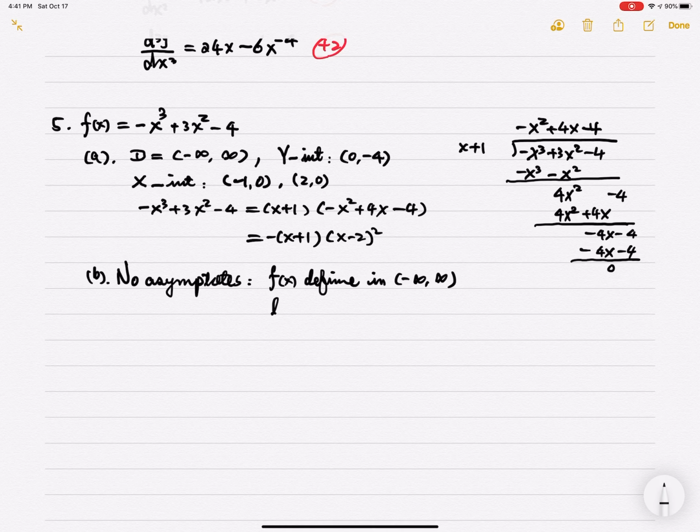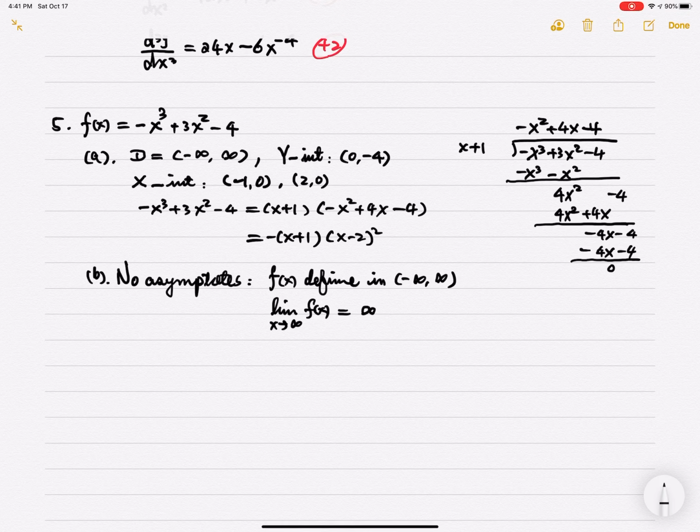Secondly, the limit as x goes to infinity of f(x), both positive infinity and negative infinity, is not equal to a constant, it's going to, let's just put it, infinity. Because when x goes to positive infinity, the function goes to negative infinity, because the dominant term is negative x to the third.